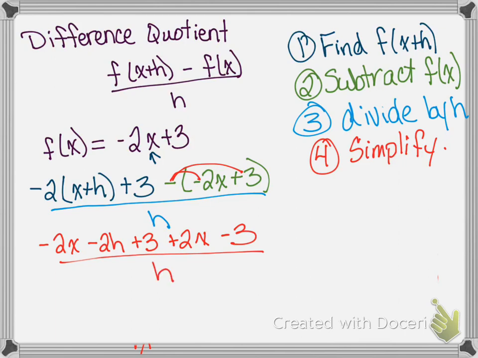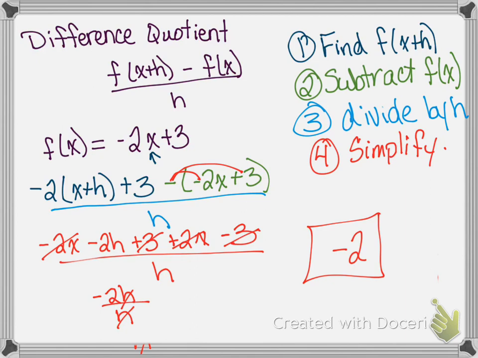Now, a whole lot of stuff cancels out. I've got negative 2x, then I've got positive 2x. I've got positive 3, and then I've got negative 3. So those cancel out. And that happens. If that doesn't happen, then you've made a mistake somewhere, because you are going to have stuff cancel out. So now I am left with negative 2h over h. So my difference quotient for this is negative 2.